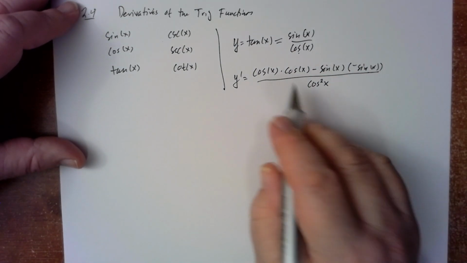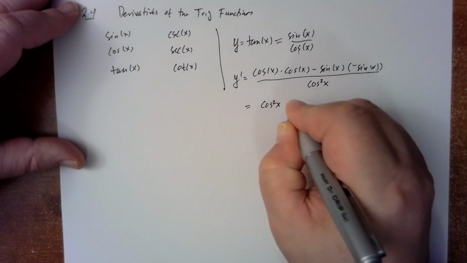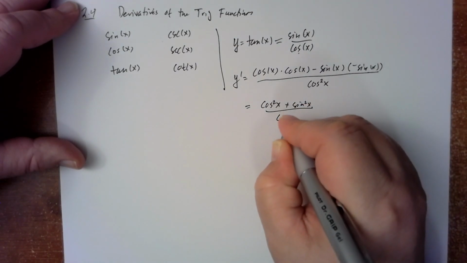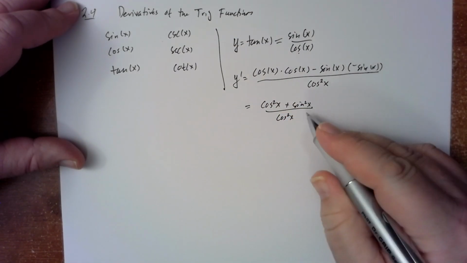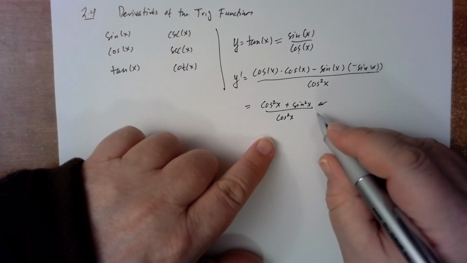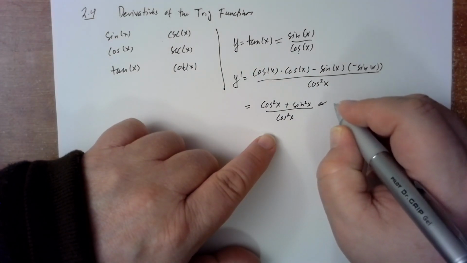Good. Now on the top, you might notice that we have cosine squared plus sine squared, and then all divided by cosine squared. And this will simplify quite a bit, because this is what our book is calling the fundamental identity.